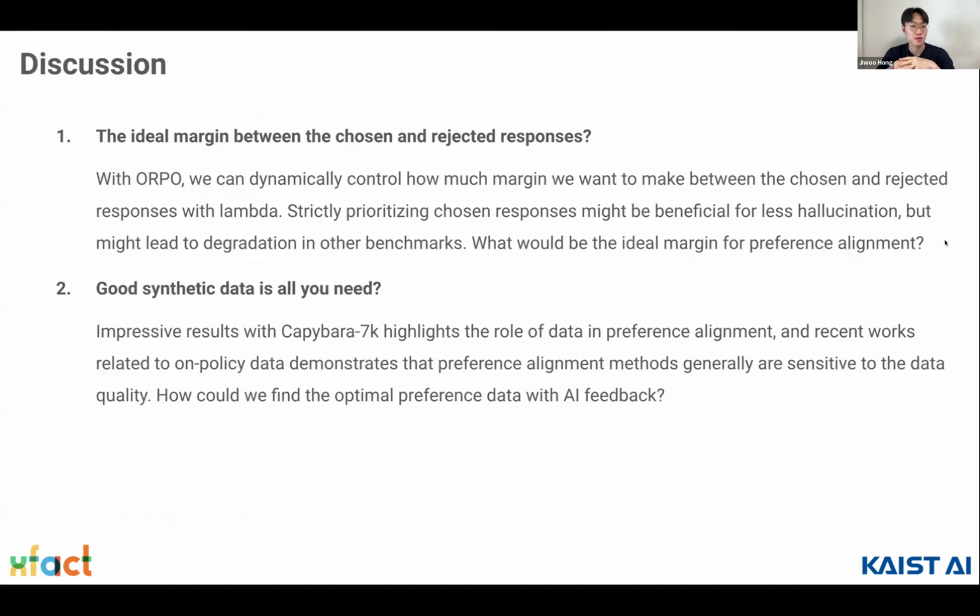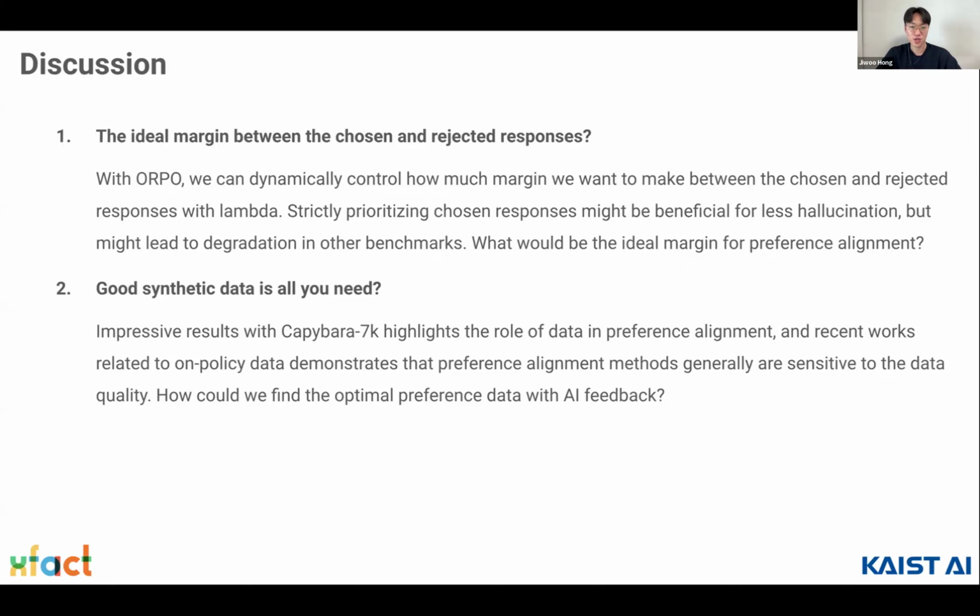And some of these are things that I'm thinking about these days as future work for ORPO. For alignment methods, including ORPO, we are making a margin between the log probabilities assigned to the chosen and the rejected responses, but we still don't know what the ideal margin between them is, because the mechanisms of the different alignment methods are all different.